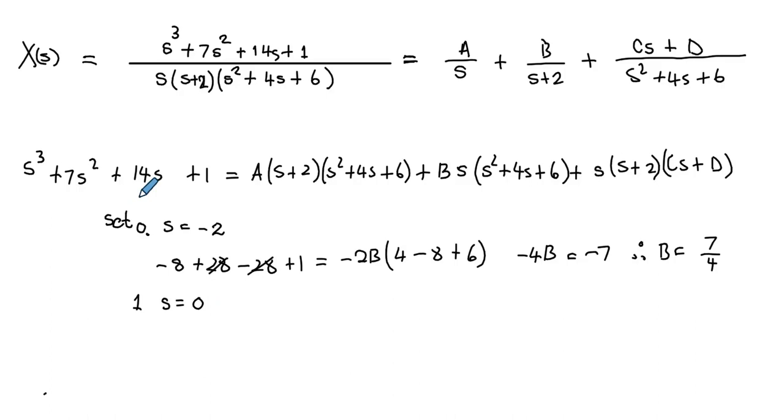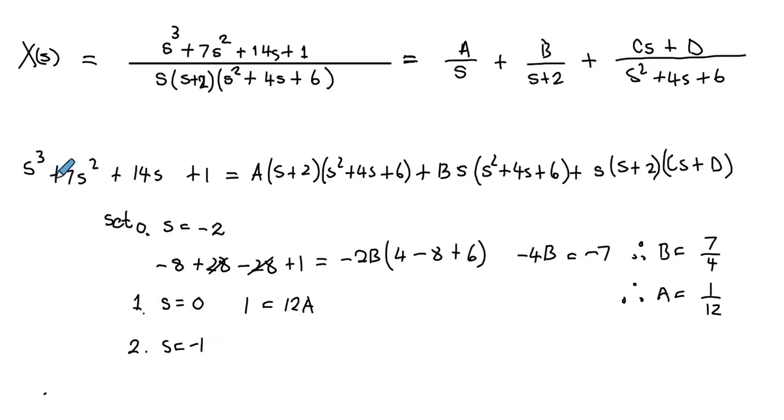You know that if s equals 0, the left hand side is simply equal to 1, and on the right hand side we'll have these two expressions vanishing. Then we are left with 2 times 6, which will give us 12a, and then we can conclude here that a is equal to 1 over 12. So now we've got a and b. We need to proceed to get c and d.